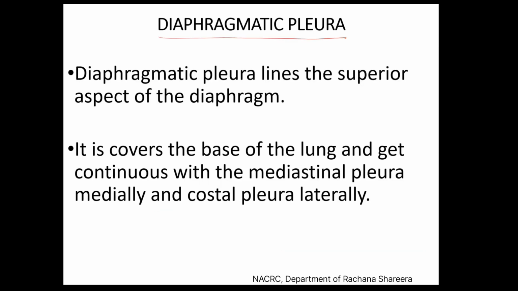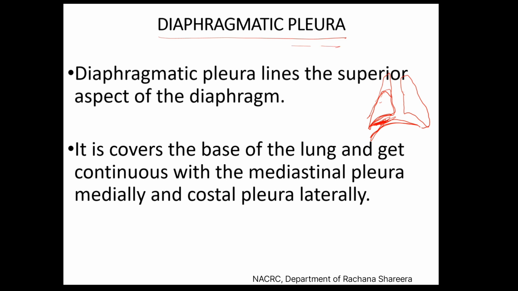Diaphragmatic pleura, the basal part of the lungs, where the lungs are situated on the diaphragm. This is our diaphragm and the lungs are situated on it. Then the lower part of this covered with the pleura is called diaphragmatic pleura, the diaphragmatic surface of the lungs covered with the pleura.